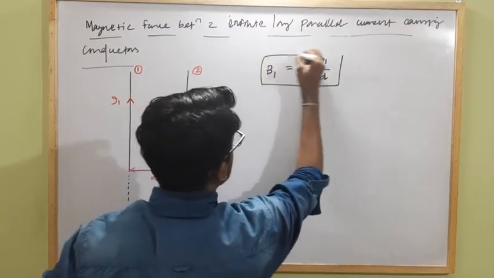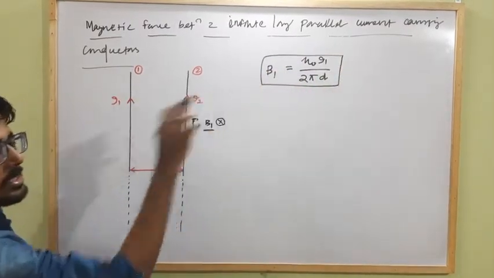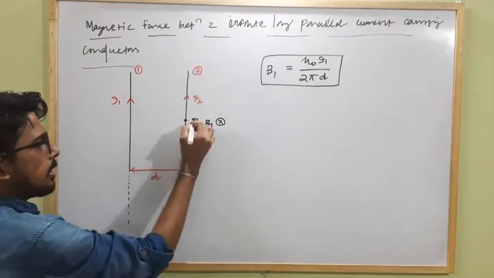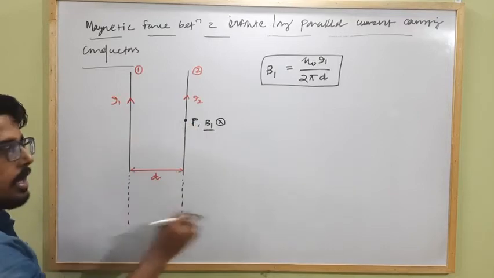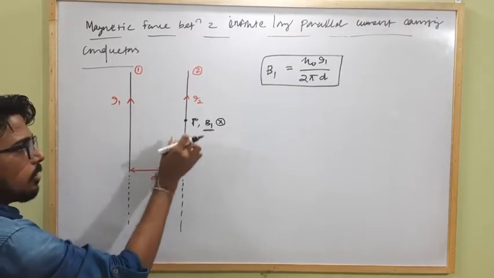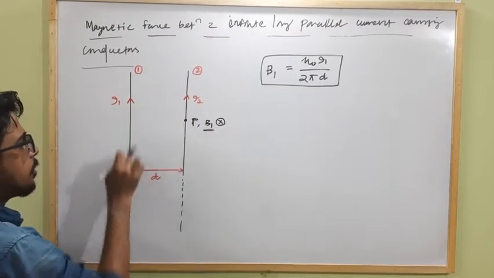This is the magnetic field strength at any point P placed over conductor 2, and all the points on conductor 2 are at the same distance from I1.